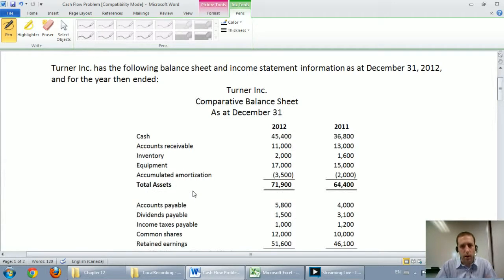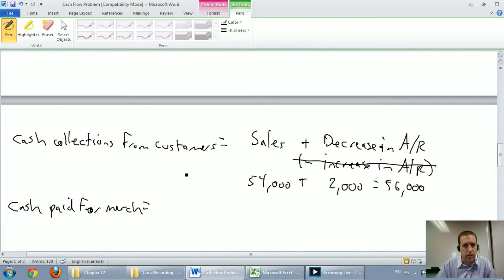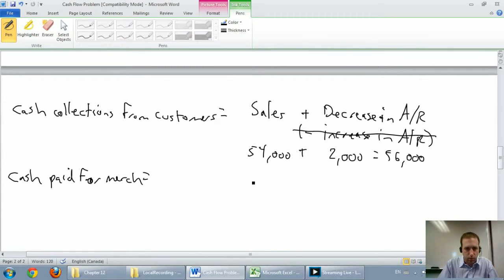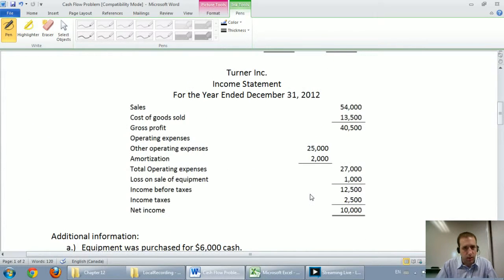And every single class I've ever taught, without fail, the hands shoot up, and students always tell me inventory. And they're absolutely right. Inventory is merchandise, and that is involved. I'm going to leave a little room and say, okay, inventory is going to be involved here. Now looking back up, there's one on the income statement that I'd like you to focus in on. Again, we're thinking about buying merchandise. What items on the income statement might be involved with our purchases of merchandise or inventory?